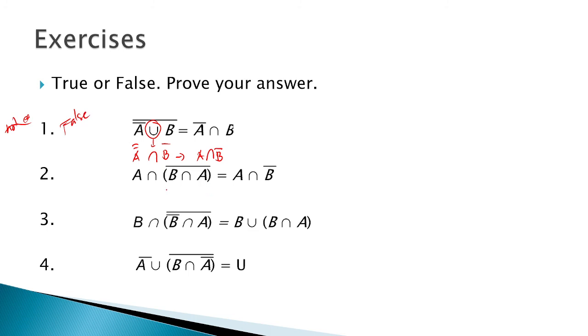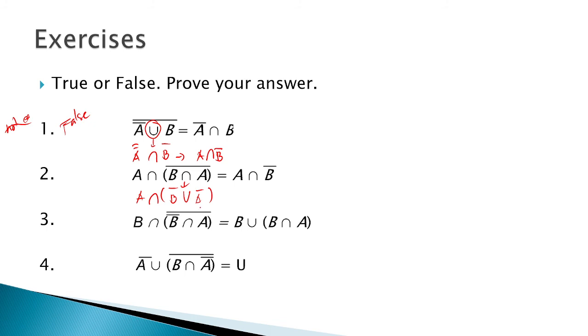Next, number 2, let's also apply the De Morgan's theorem for this one. So, in the De Morgan's natin to, this will be union, and this will be bar, and this is A bar. So, ito ngayon yung kakalabasan natin. We have A intersection B bar, union A bar. Now, what is A union A bar?